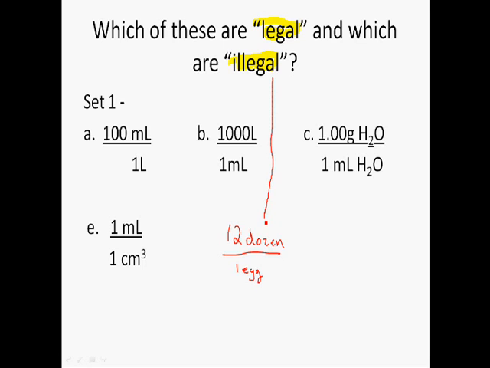Now, unless you had like a hollow egg in which you had things in it, but that would have to be very specific. For our purposes in general terms, you're not going to have 12 dozen equal to 1 egg. It just doesn't make sense. So try set number 1 and see which of those A, B, C, and, I guess I should have a D there, sorry about that, you can make that one D. A, B, C, D are legal and which are illegal.